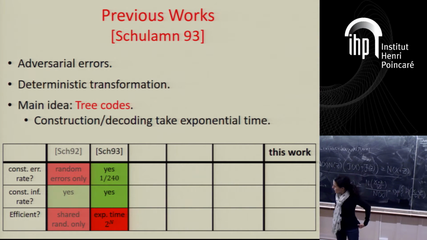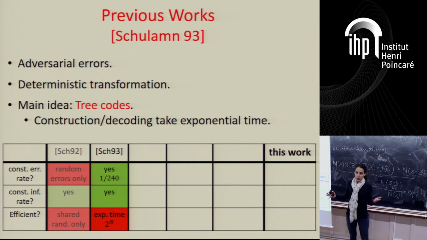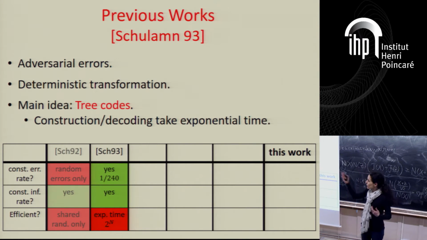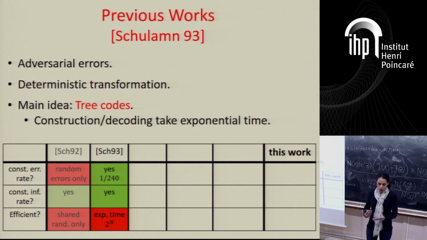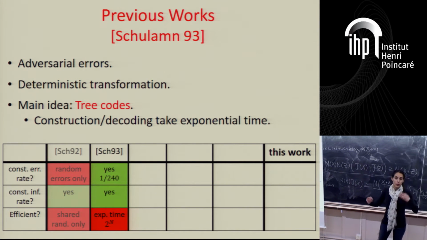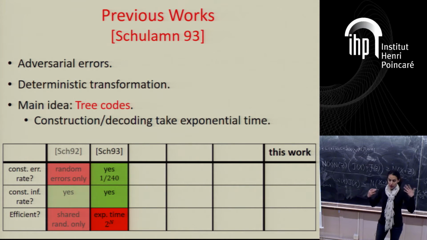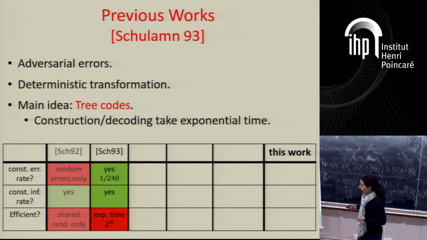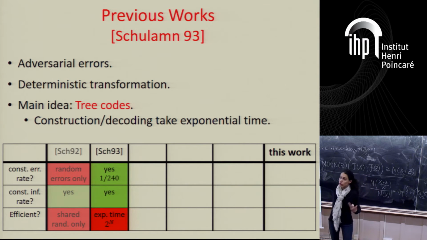And then came the second work of Schulman, which was a groundbreaking work, where the notion of tree codes was introduced. And in this work, he did show constant rate and constant blow up in communication, resilient to a constant fraction of adversarial noise. And he did this using a beautiful combinatorial object called tree codes.